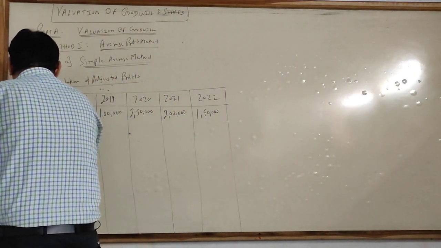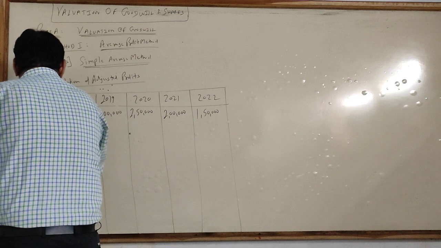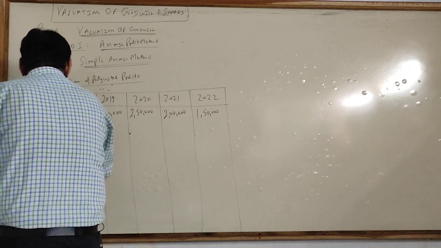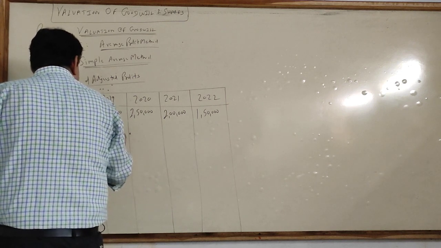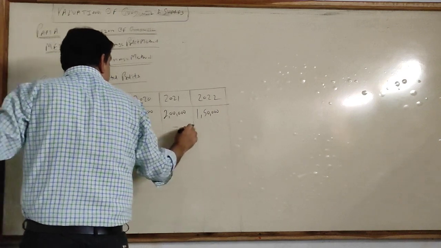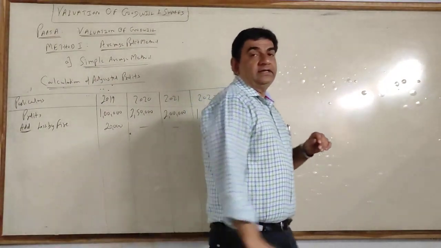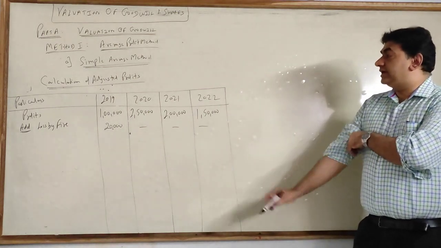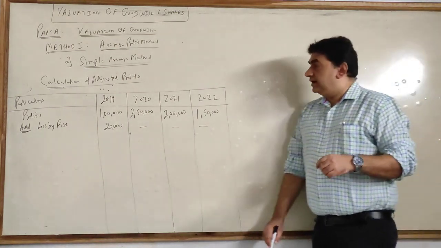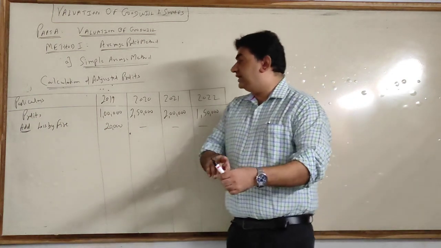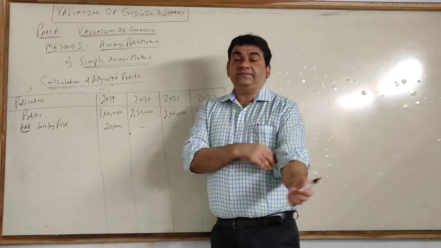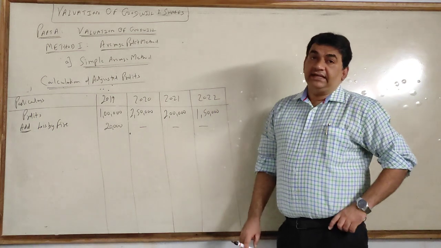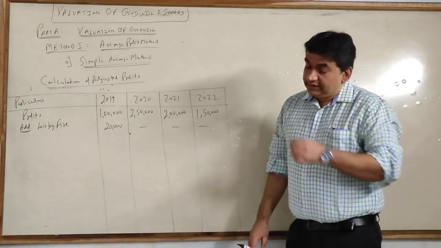Add back loss by fire. It has happened in 2019. So just put it in the column of 2019 and remaining 3 years nil. Just put 2019 में 20,000 and remaining may nil. Okay.